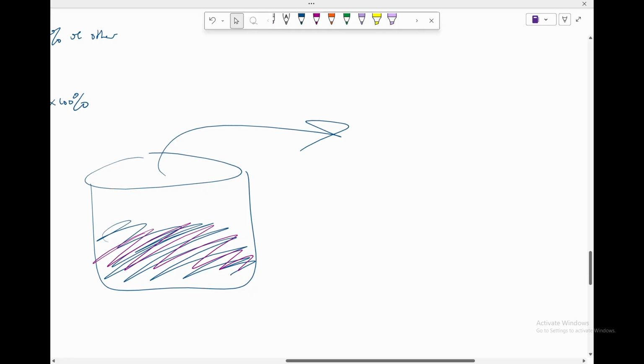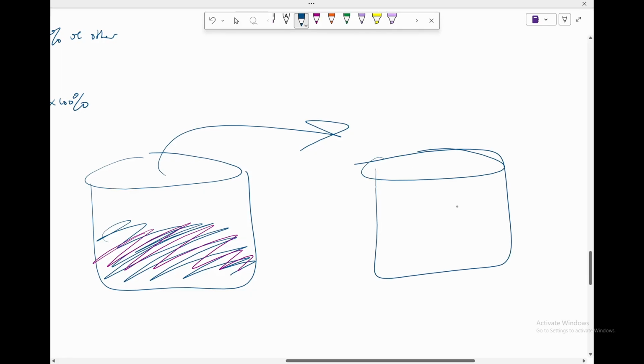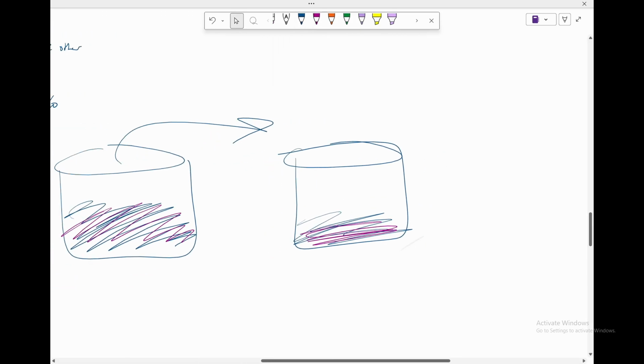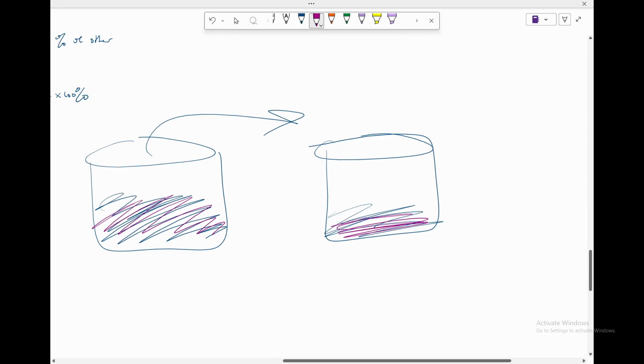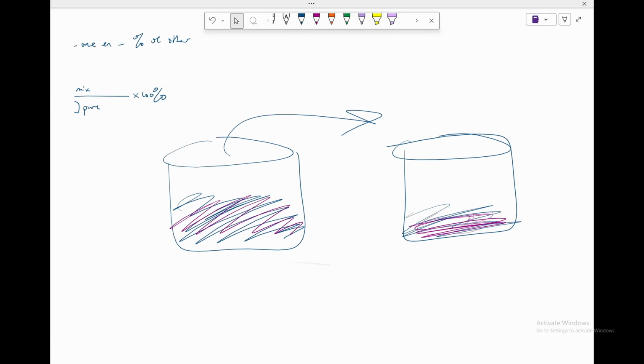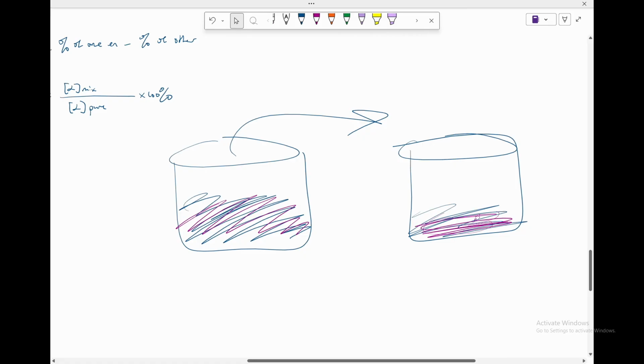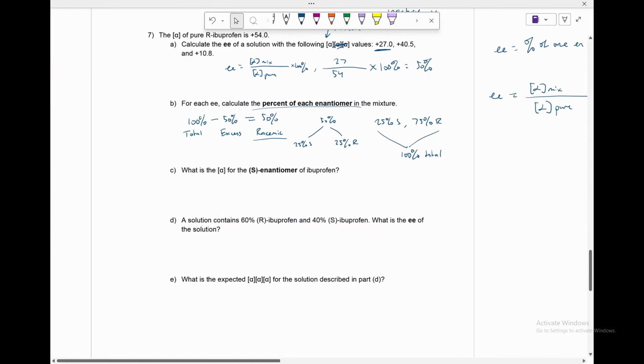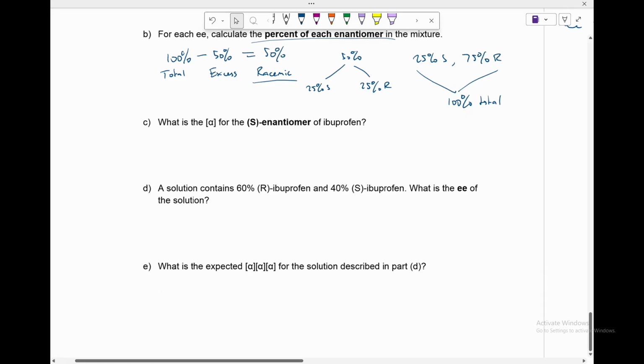Now I get a racemic mixture, or an equal mixture of red and blue jelly beans. So I have the excess percent of blue jelly beans plus the blue from this racemic mixture, and just the percent of red jelly beans from the racemic mixture. Hopefully that makes sense. It made sense in my head, but whatever.